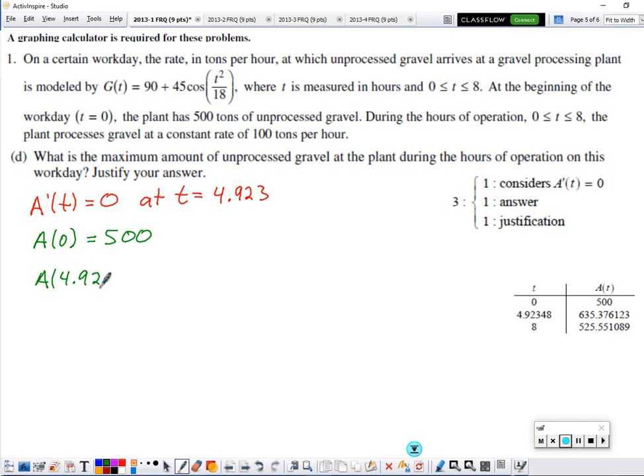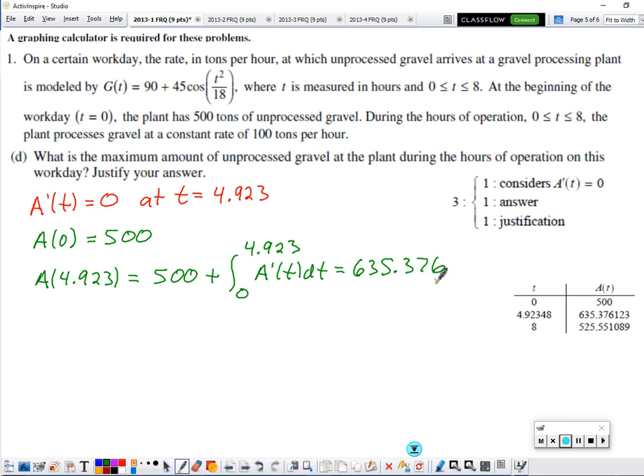So using the fundamental theorem, I take the 500, add that to the total amount by which the gravel will change during this time period. Make sure you're saving the 4.923. So doing the integral, I would get this value, 635.376.